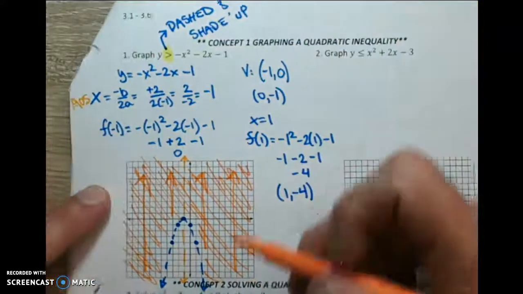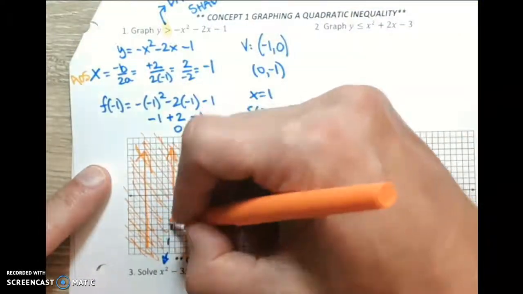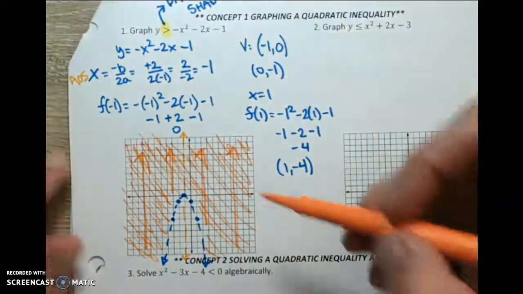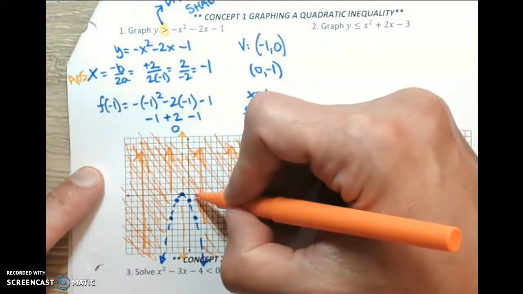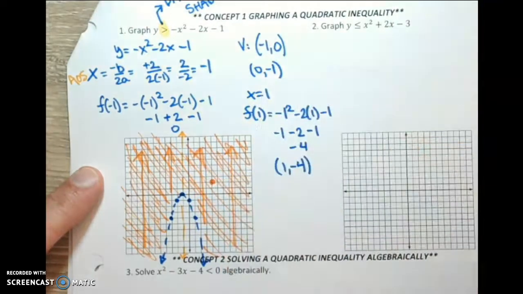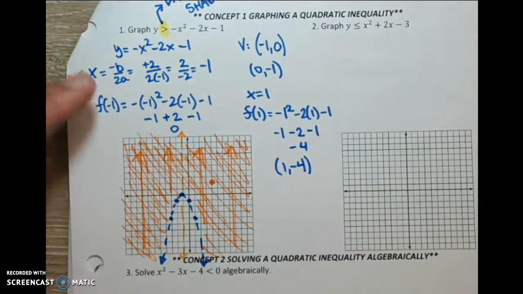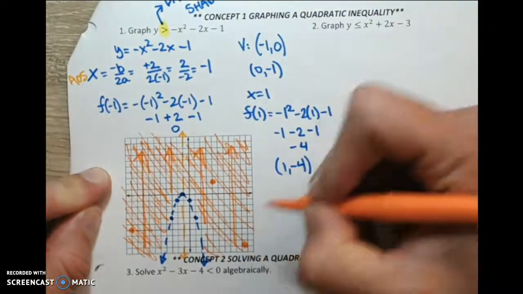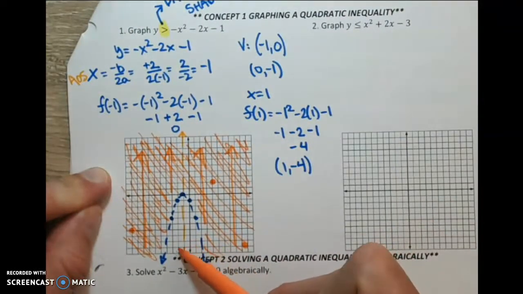And now any one of these points would be part of that inequality. If I say 1, 1, 2, 3, 4, up to that point right there, does that work in this inequality? Yep, it works. This point over here would work. This point over here would work. What about this point right here?